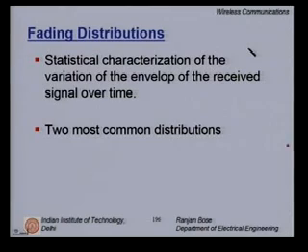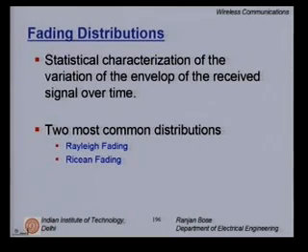The 2 most common distributions that we encounter are Rayleigh fading, which happens when we have a lot of multipath components similar to one another, but no direct line of sight. Or we can have the Rician fading, which is occurring when we have a clear line of sight as well as multipath components.